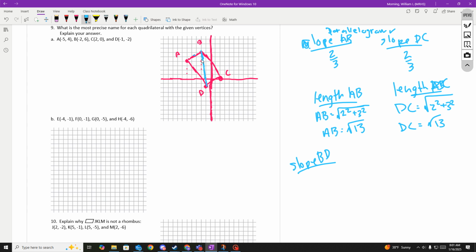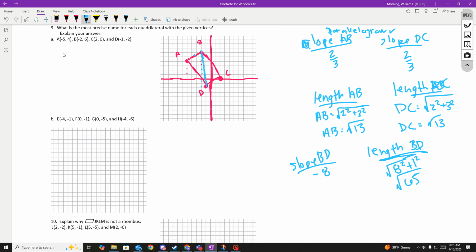So negative 8 over 1, so negative 8. The length of BD would be the square root of 8 squared plus 1 squared, which is square root of 65.